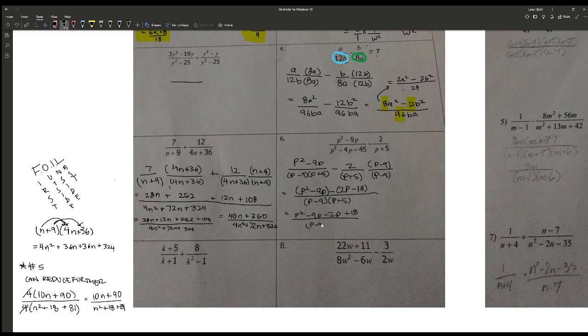So p minus 9, p plus 5. So bringing like terms together, which we already have essentially done, we get p squared minus 11p plus 18 over p minus 9, p plus 5.